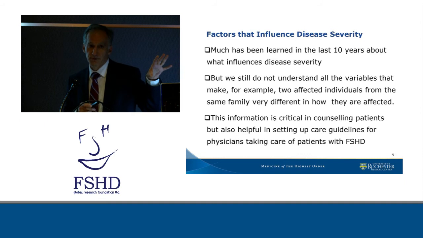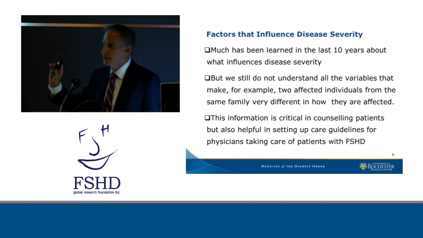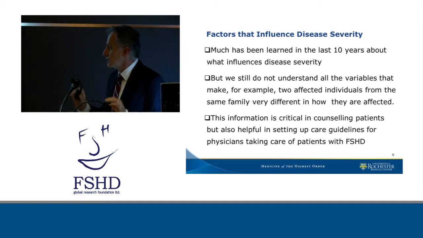And it may occur in one person in the family, but the other person has either type 2 or type 1, and that would account for the big differences. And there may be other genes that we don't know about, but there may be other factors that are not genetic that may be contributing to this.